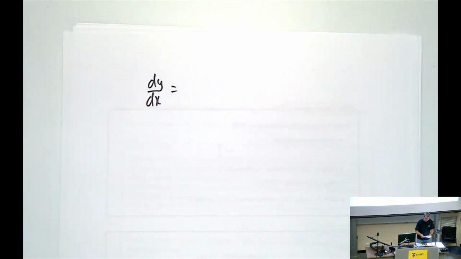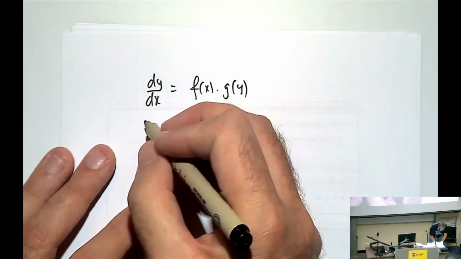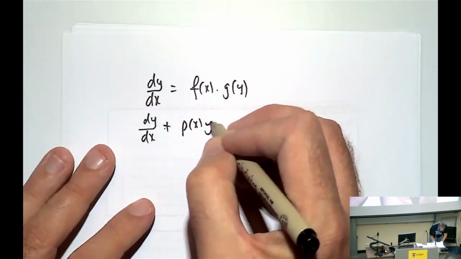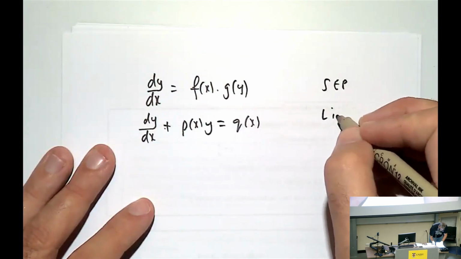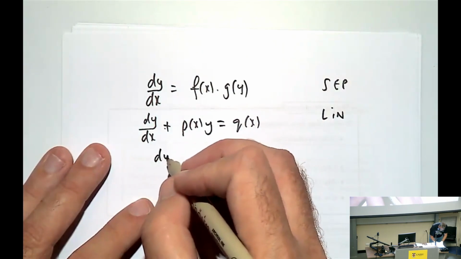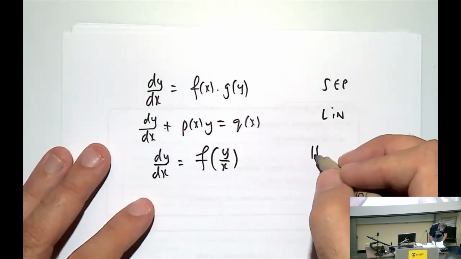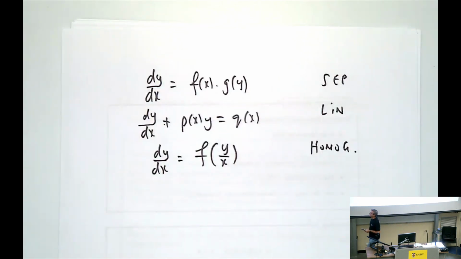How did I write that? Okay, there are our three classes, or our three groups.